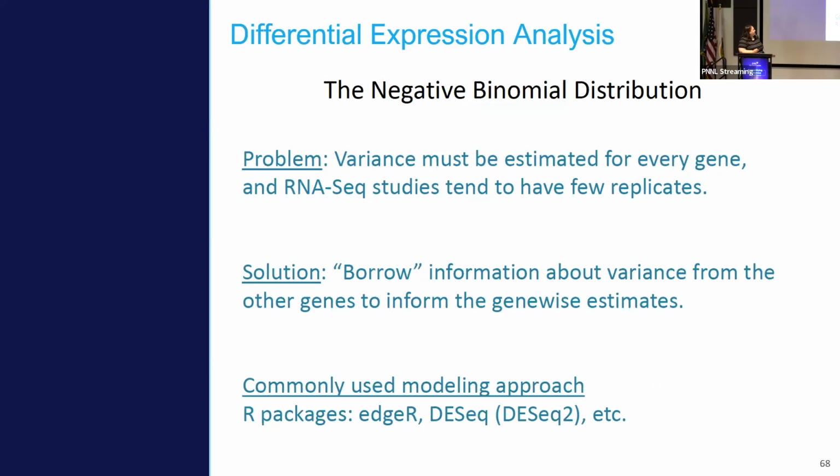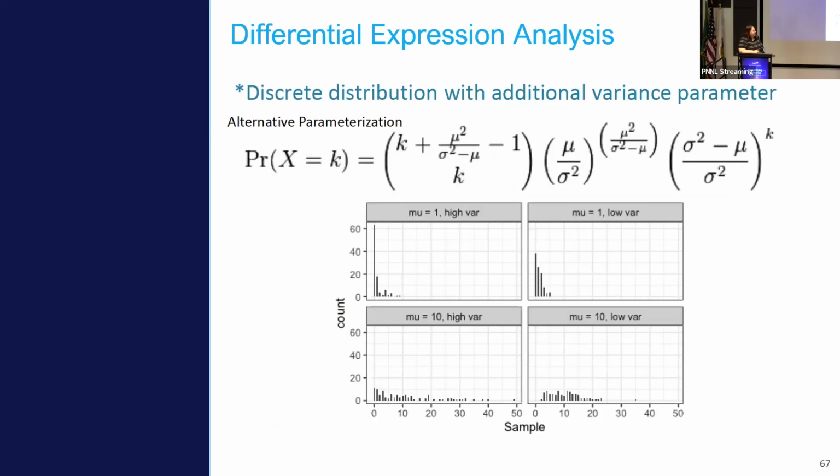What I will say is the other problem that people don't talk about is this negative binomial distribution. One characteristic of transcriptomics data, particularly now with RNA-seq, is you can see a lot of zeros.